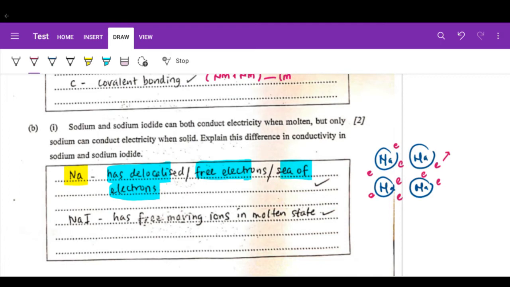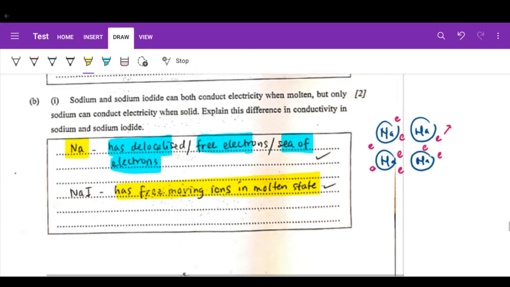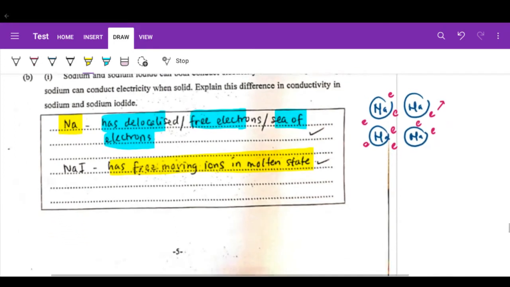Sodium iodide is an ionic compound. So an ionic compound can only carry electricity in the molten state or in aqueous solution. In the solid state, it cannot carry electricity because the ions are not moving. Right? Okay.